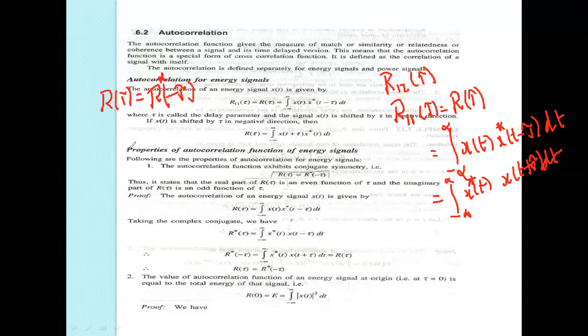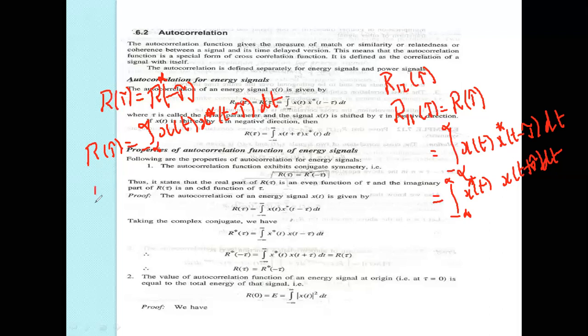You can prove this: the function R of tau is equal to the integral from minus infinity to infinity, shifted in the positive direction, of x of t times x conjugate of t minus tau dt.